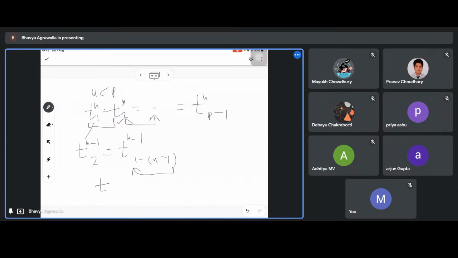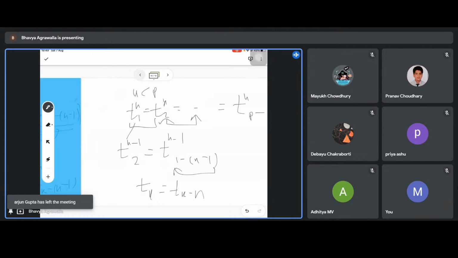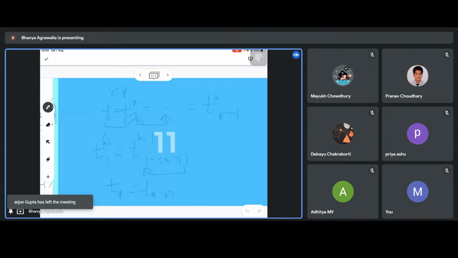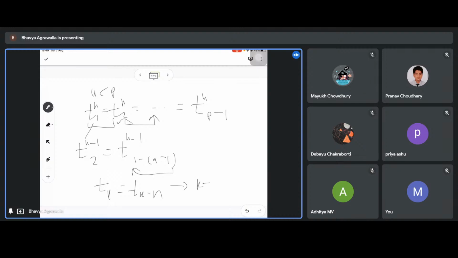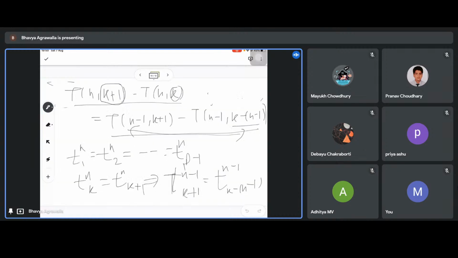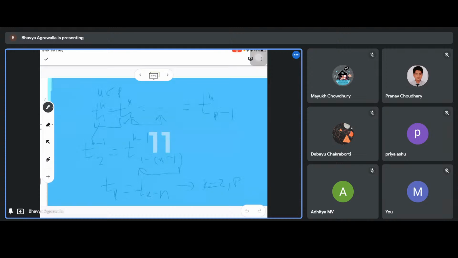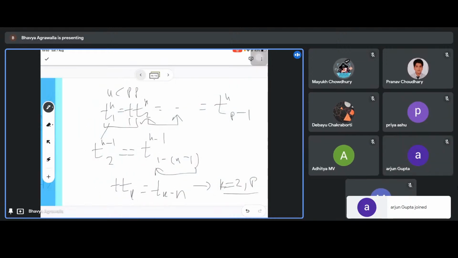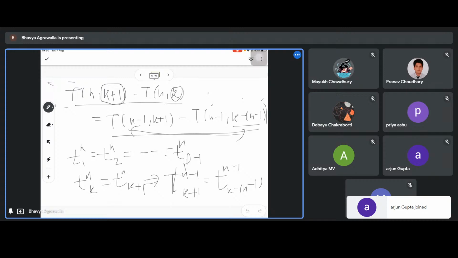Yes, that's true. t of k is equal to t of k minus n for k from 2 to p, right? Hopefully, yeah. Because k plus 1 over here, k starts from 1, so k plus 1 starts from 2, so that's why, right?